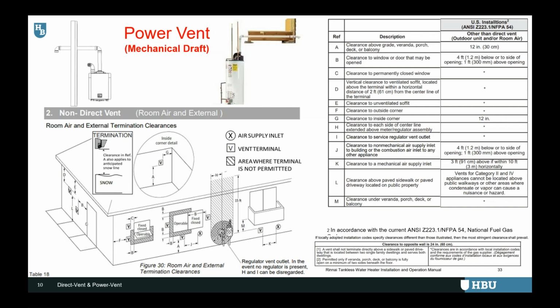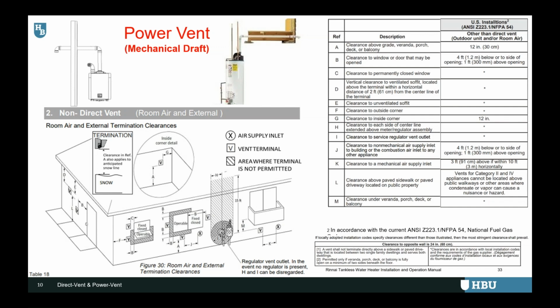Let's look at some of the key clearances from this table. First, clearance above grade, reference A. You need a minimum of 12 inches from the ground, decks, or balconies. This is a standard clearance to prevent the terminal from being blocked by snow or other obstructions at ground level.